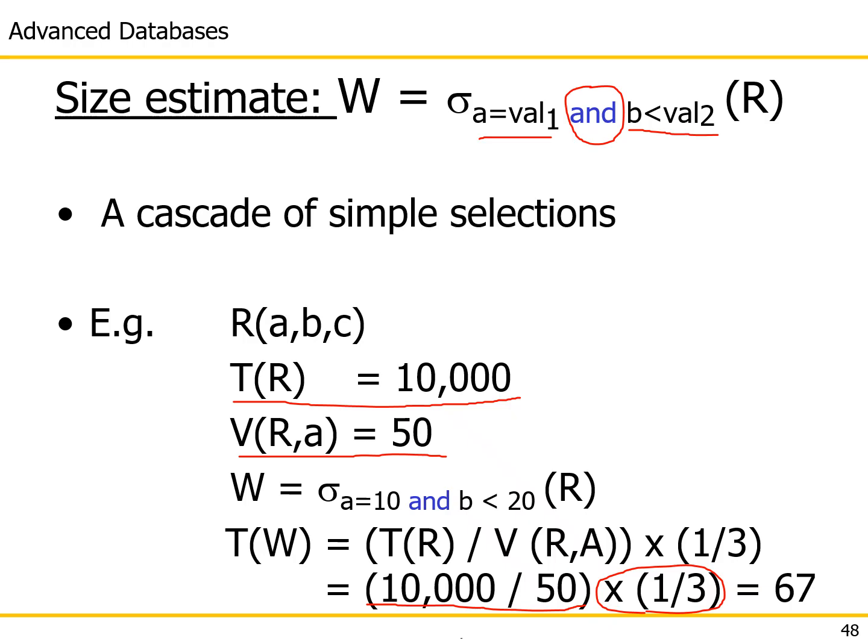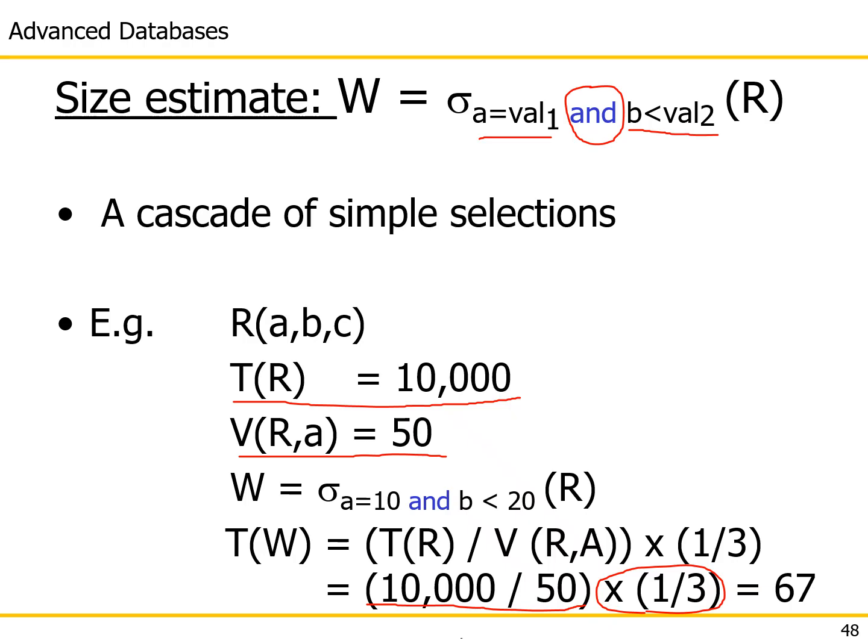If my query selects star from R where B less than val 2, let's say I'm going to use solution 2, the one I referred to as solution 2. So it's going to be 1/3 of R. We said solution 1 is half of R, solution 2 is 1/3 of R, a little bit more conservative, and solution 3 is the one where we kept the minimum and maximum values.